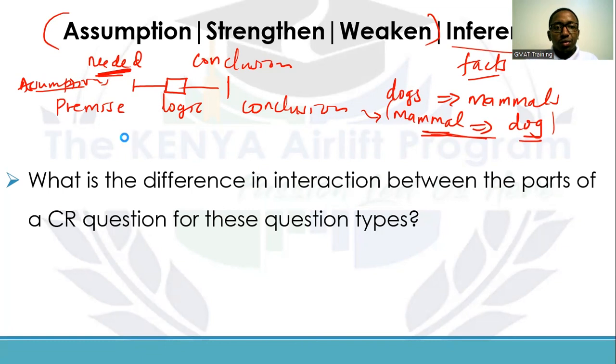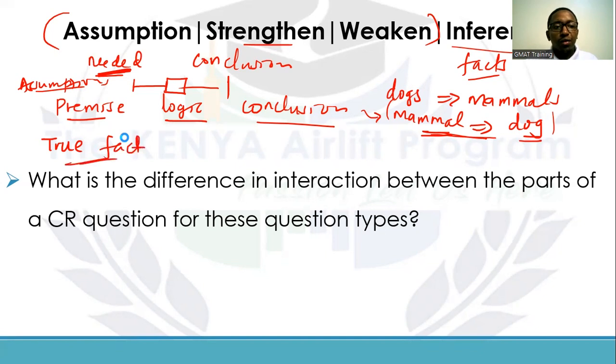Moving on to strengthening the argument questions. So you have the same setup. You have your premise, you have the logic, and the conclusion. So what is needed from you, from the set of answers that you have, because when you are handling each answer option, you assume that it's a true fact.